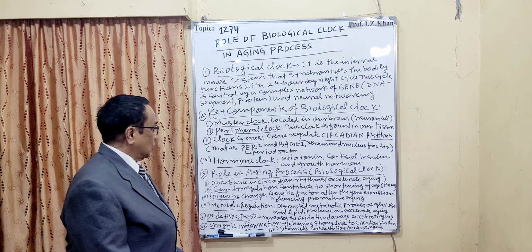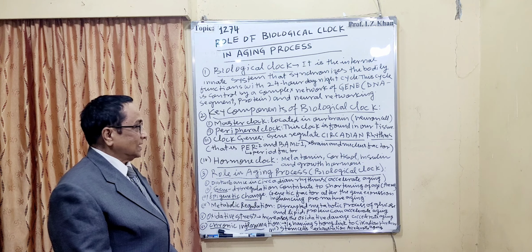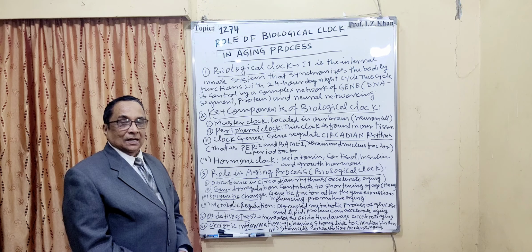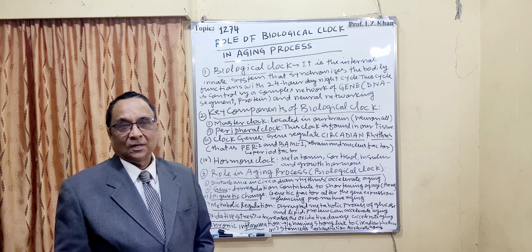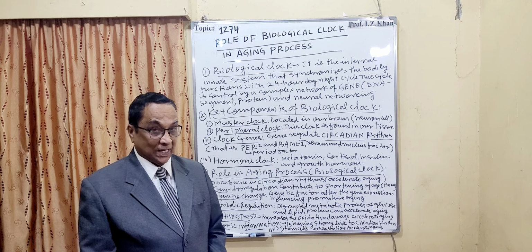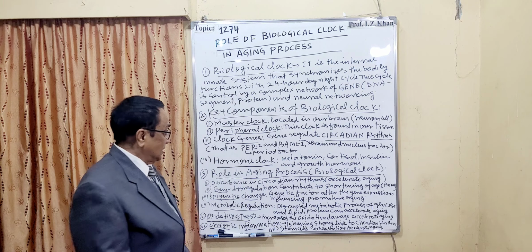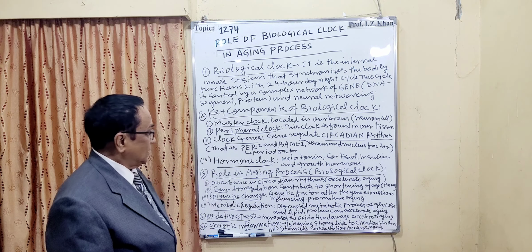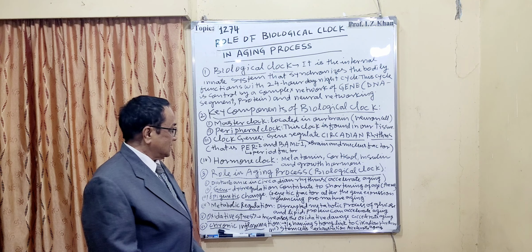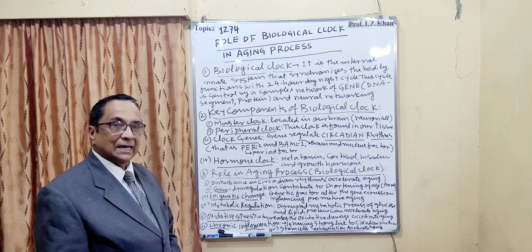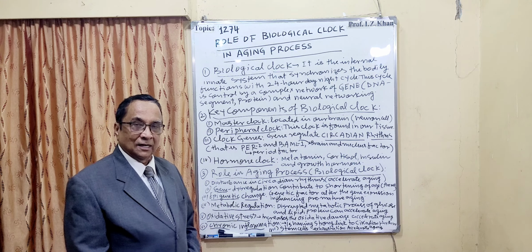Then number 3, the role of biological clock in the aging process. So what is the role of biological clock in your aging process? That is the important thing. So number 1 is disturbance in circadian rhythm that accelerates your aging process.